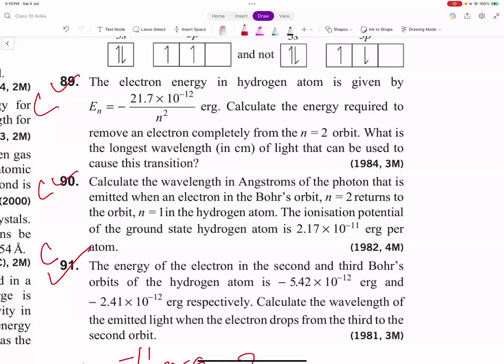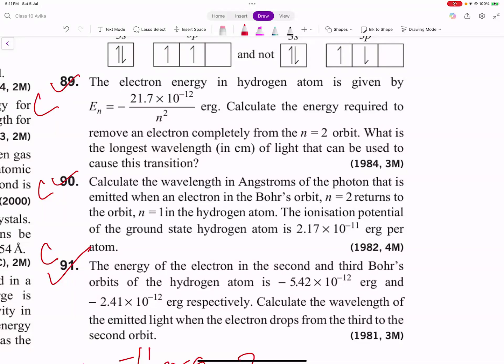No, sorry, minus 5. Yeah, minus 5. See, from nanometers, you can immediately convert into 10 to the power minus 9 meters, and then you can go to minus 7.